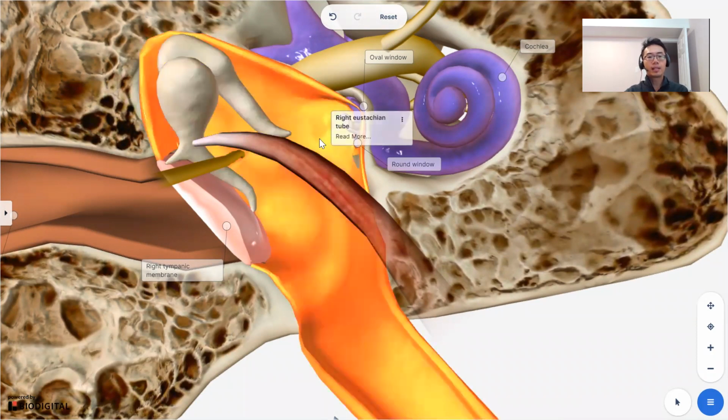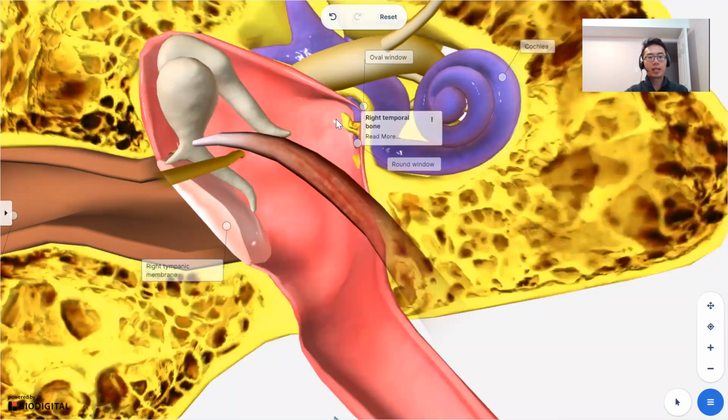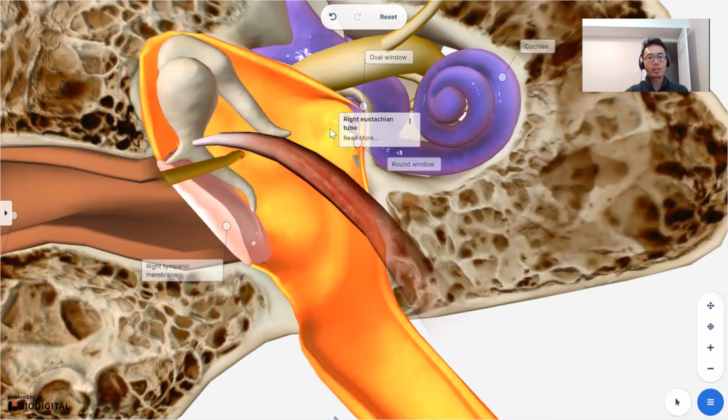And then there should be a stapes here, which I'm not sure why it is not shown. There is going to be a third one here that looks like the thing that you put your feet on when you ride a horse. Most people haven't ridden a horse before.